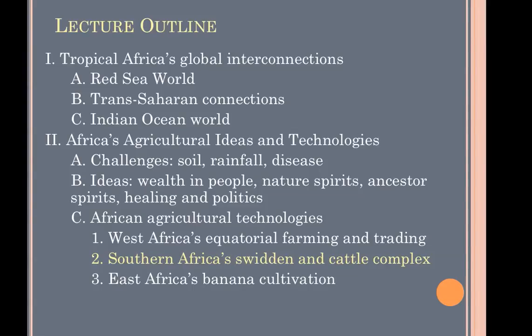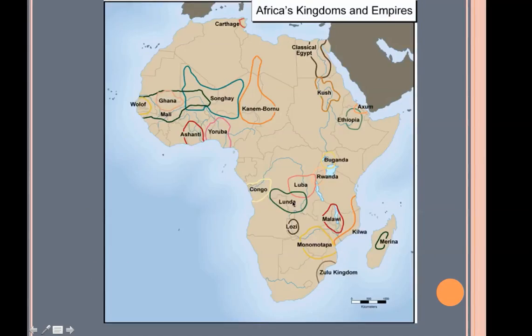Now in Southern Africa, we see various possibilities depending on where we're talking about. Where you could incorporate cattle into an agricultural society, life was far more stable and far more possible to create trading and settled political structures.